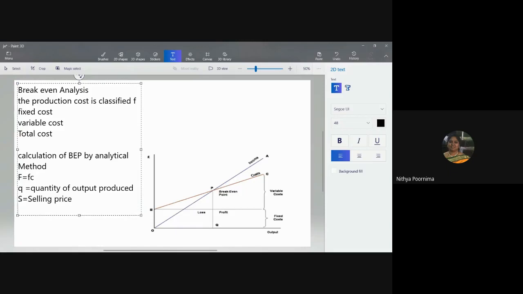If it is min z, you have to look for the minimum value. If it is greater than or equal to, it moves away from the origin. If it is less than or equal to, it moves towards the origin.